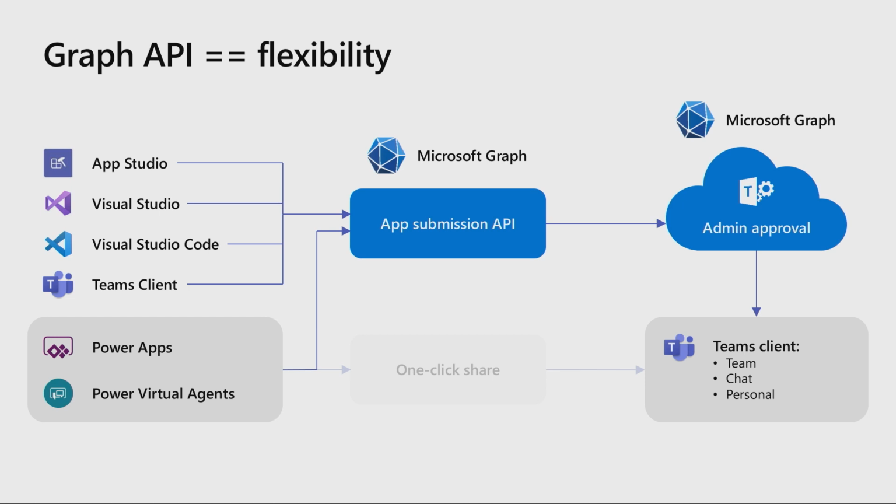So this includes the ability to submit apps and the ability for admins to approve those apps all over the Graph API. And so if you didn't use any of those UI surfaces that you saw in our demo example, you have the tools to automate that entire process from beginning to end in any organization. And that's a pretty powerful, flexible approach.